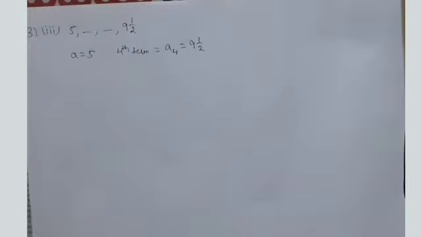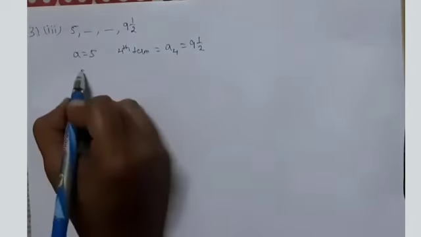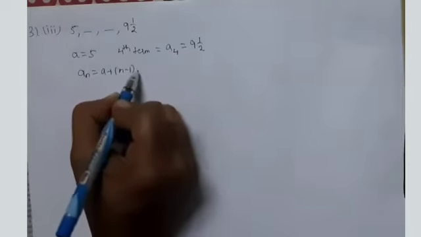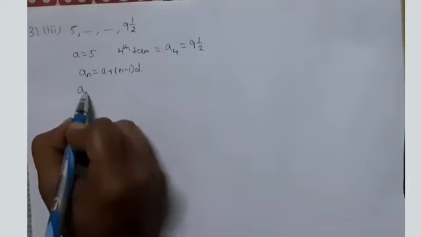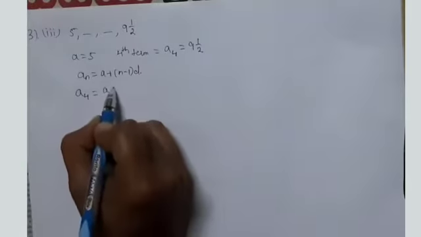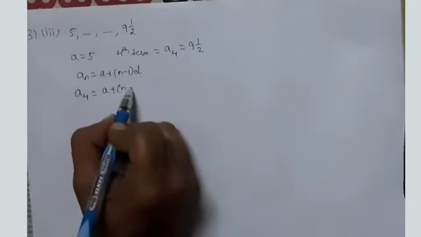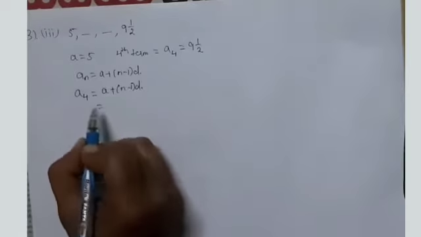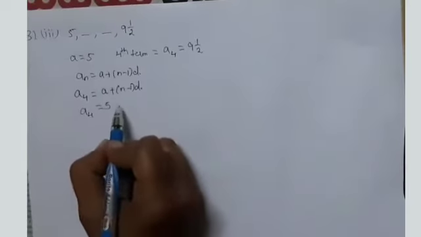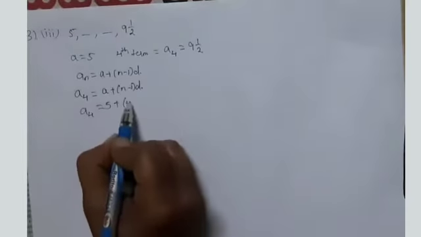So let us try to find this using the formula, an is equal to a plus n minus 1 d. So a4 is given for you. A4 is equal to a plus n minus 1 d, that is we have to substitute. A4 is equal to, a value is 5 plus n is 4 minus 1.